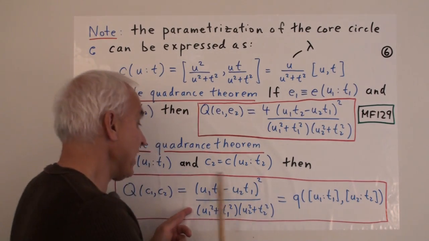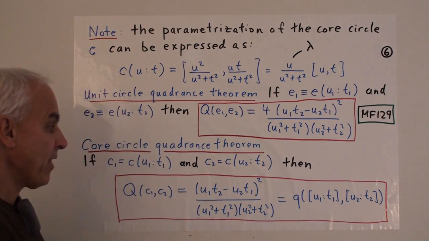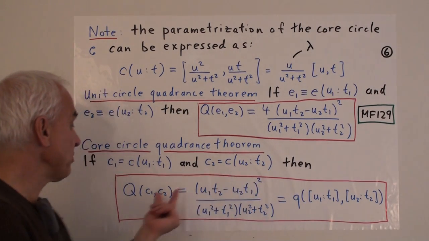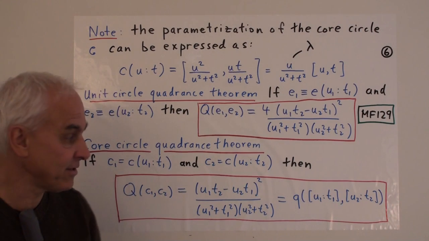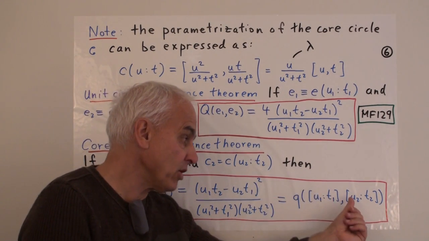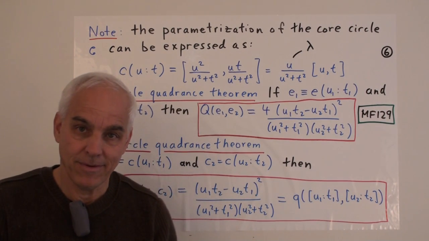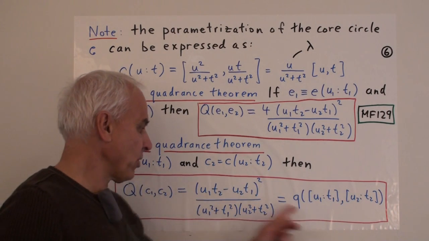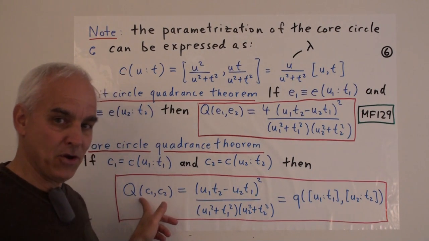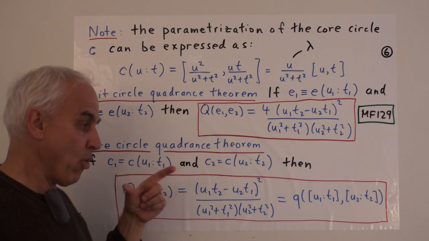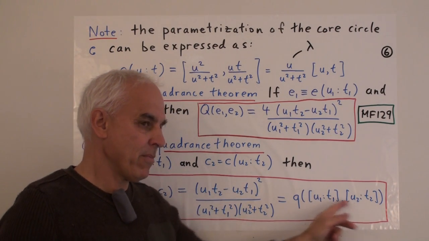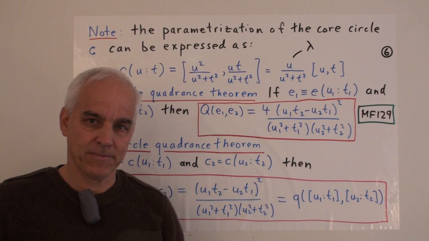And now we can say, well, that is exactly the projective quadrance between these corresponding projective 1 points, between the 1 point u1 to t1 and the 1 point u2 to t2. We get an exact correspondence between the Euclidean quadrance between two affine points and the projective quadrance between two projective 1 points.